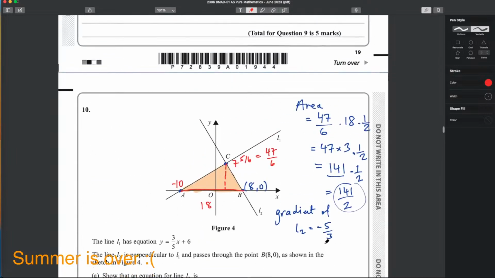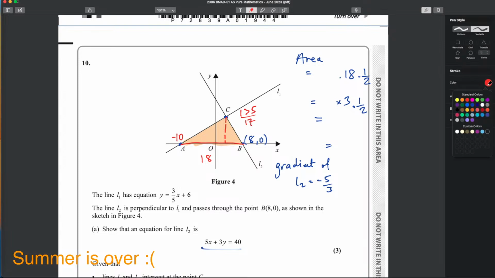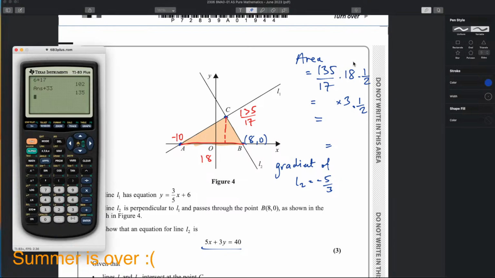So if we go back to the diagram, this should not be 47 on 6, this should be 135 on 17. Then for our working out here, we get 135 on 17 multiplied by 18 multiplied by a half, which doesn't simplify at all.